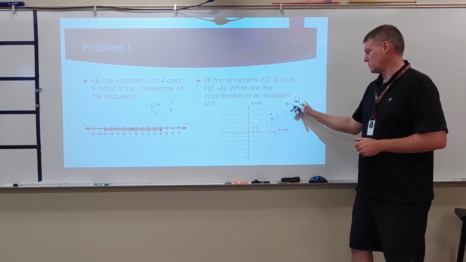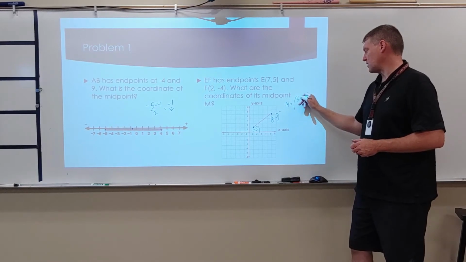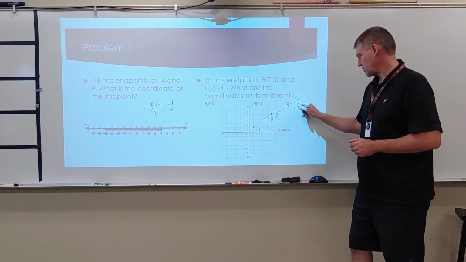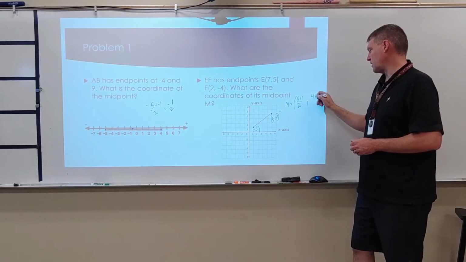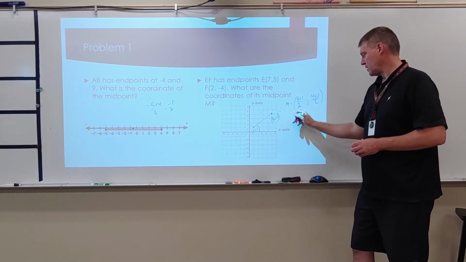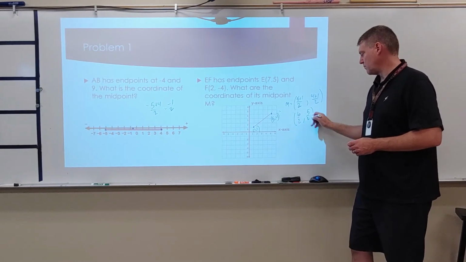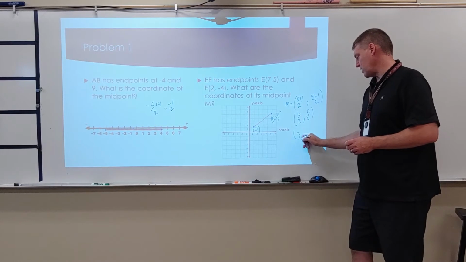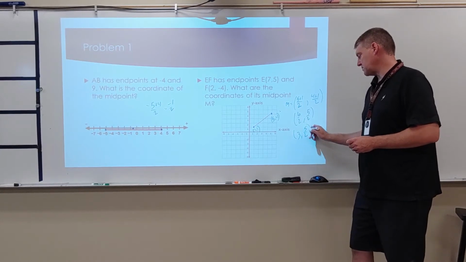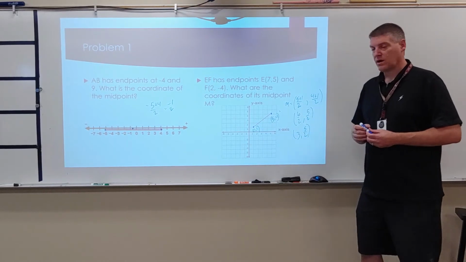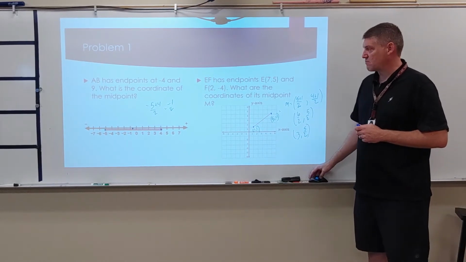So the midpoint is going to be 5 plus 1 over 2, and then 4 plus 1 over 2. So this gives me 6 over 2. This gives me 5 over 2. Or I have a coordinate of 3, 5/2. And so my midpoint would be right in here. All right, so that's finding that midpoint.